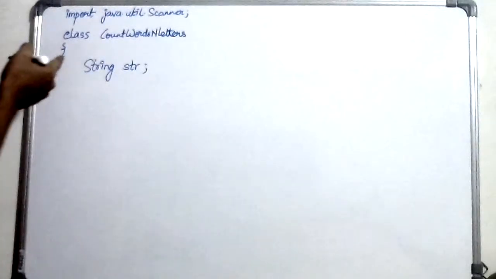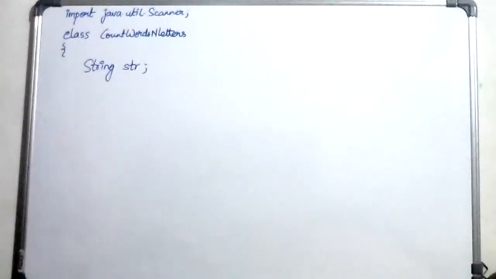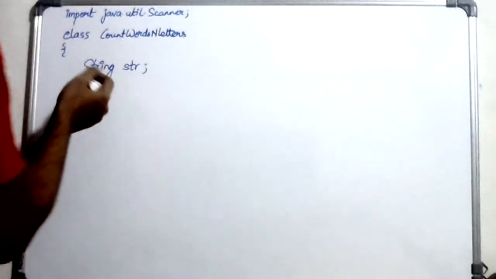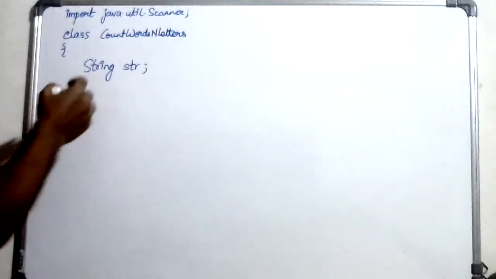So there will be one function. I'm not going to write a separate input function to take an input for the string variable. If you want, you can write a separate function to take input from the user, but I'll be combining it in one complete function. So the function that will be counting the words and letters, there itself I'll be taking an input.